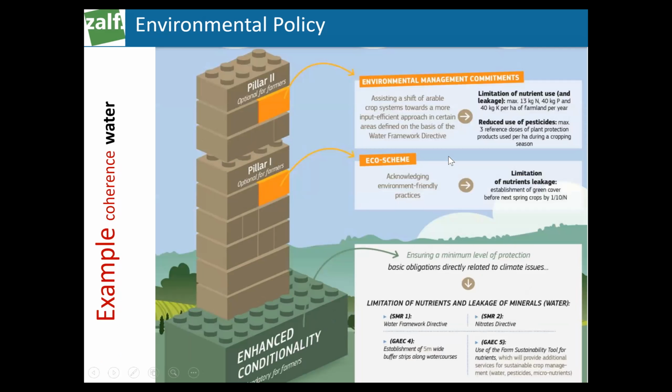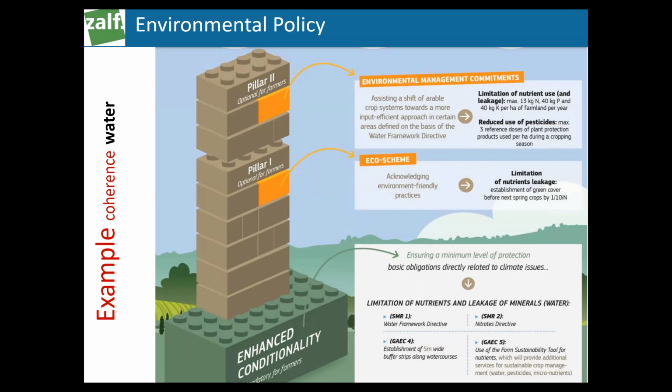Last but not least, the coherence on water between pillar 2 and 1. One would say limitation of nutrient leakages, establishment of green cover before next spring crops. That means with green cover, there is no leaching or hindered leaching.